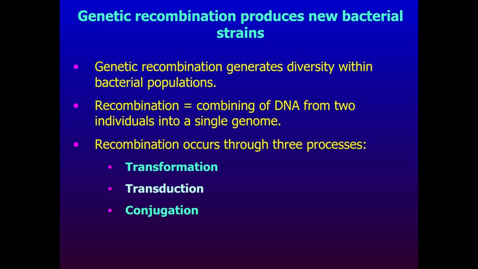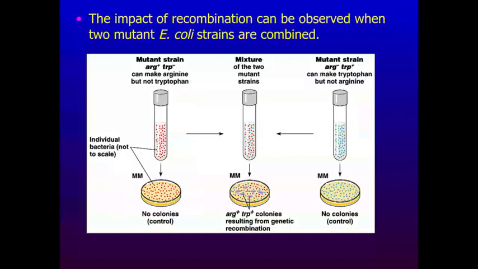Now, we, as sexually reproducing organisms, can increase genetic diversity through meiosis, crossing over, independent assortment, and then random fertilization and mate choice. That's how we increase our genetic diversity. Bacteria don't quite do that, but they do have these three processes: transformation, transduction, and conjugation. Okay, so what they can do.